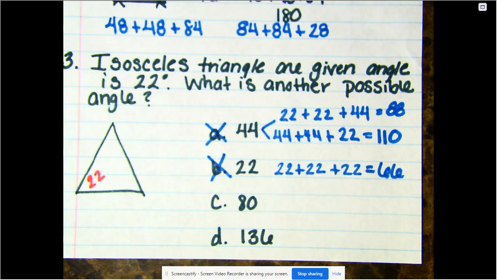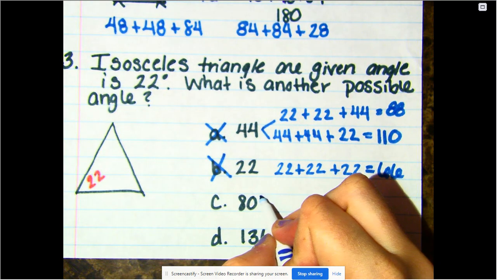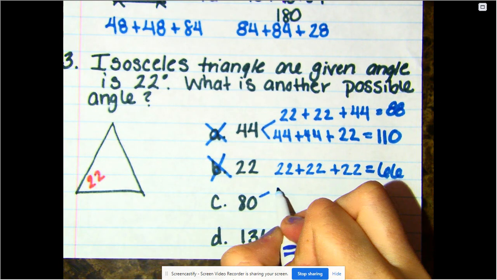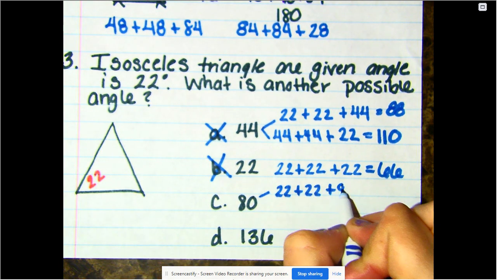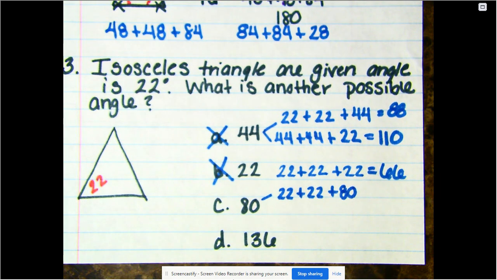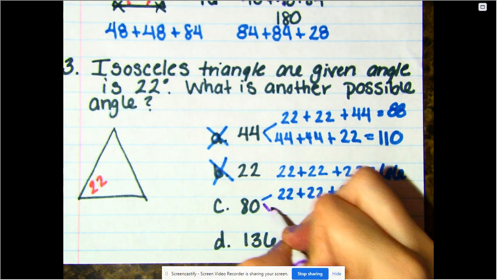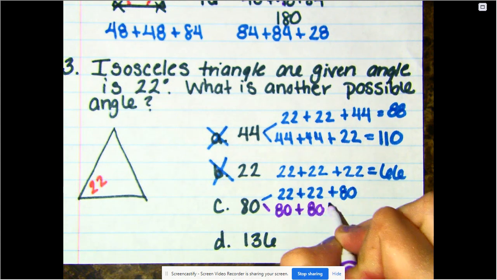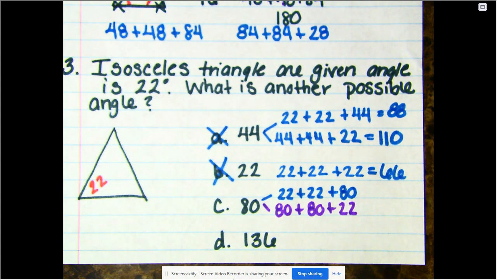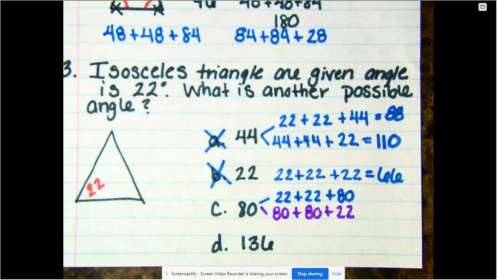Okay, we have two different outcomes for 80 being one of our angles. So the first one, let's say that 22 is the one that's repeated. So 22 plus 22, and now we're going to put 80 in as our missing piece. Okay, or 80 was the one that was repeating. 80 plus 80, and 22 was the one that was not the same or repeated.